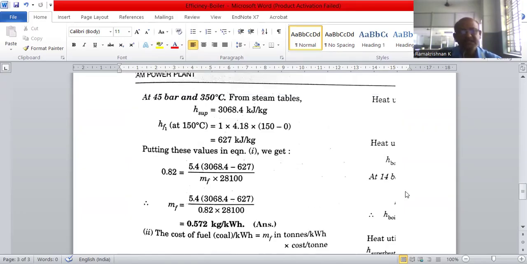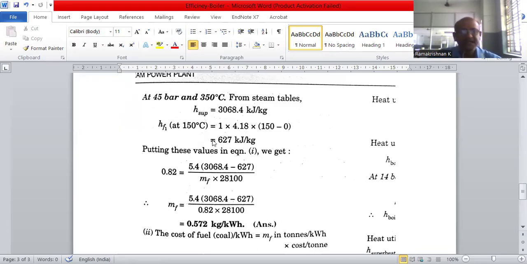First, the steam condition, the superheated condition: pressure is 50 bar and 350 degrees Celsius. From the superheated steam table, we get the enthalpy of the steam as 3068.4 kilojoule per kg.